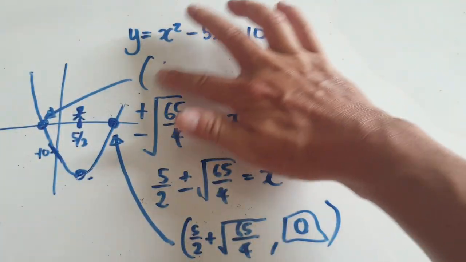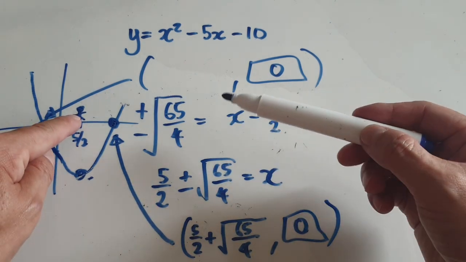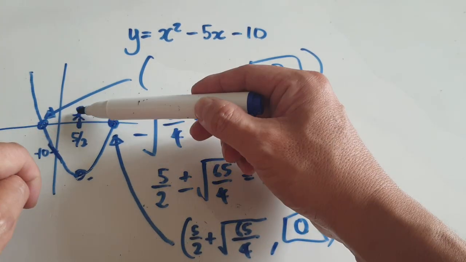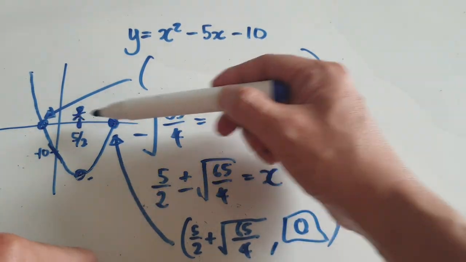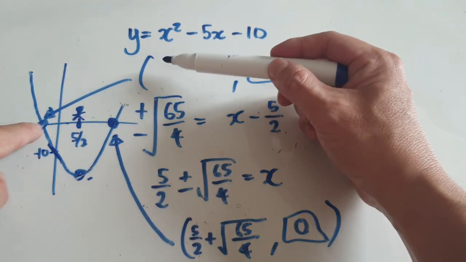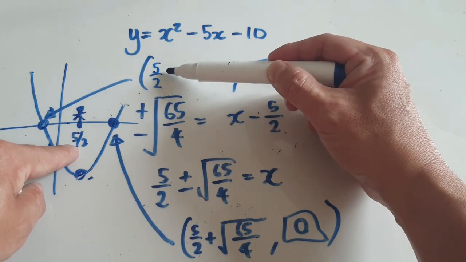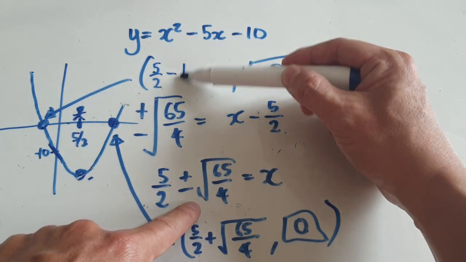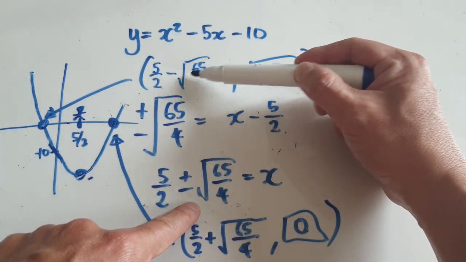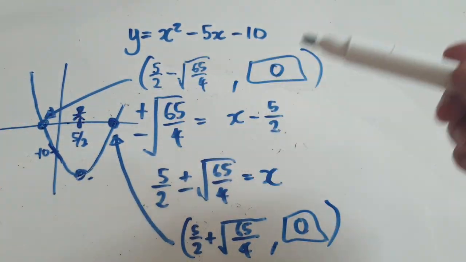And the x-coordinate would be, imagine you're standing at 5/2, and then you take away this amount, so it will take you to here. Let's start again here. Imagine you're standing at 5/2, and then if you minus this amount, 65/4, then you would go back to here. And don't forget it has a height of 0.